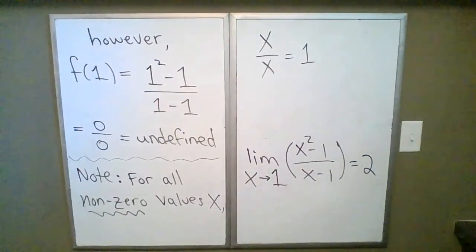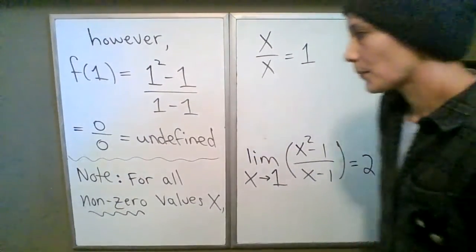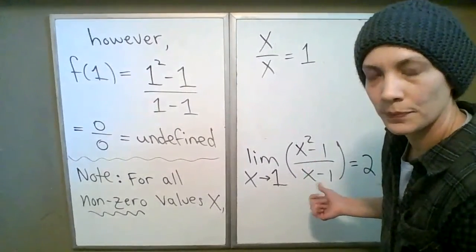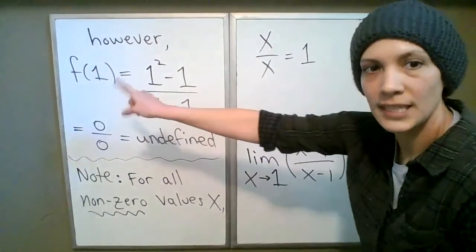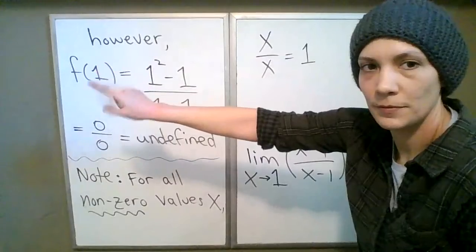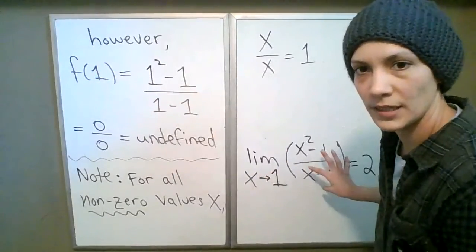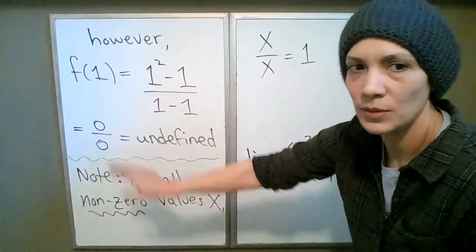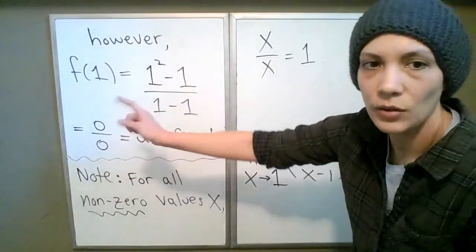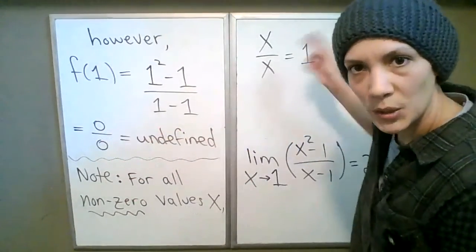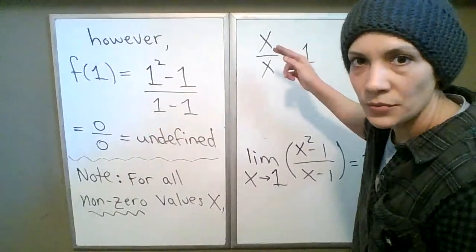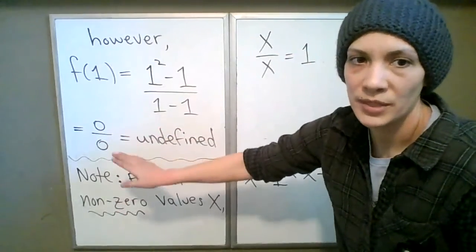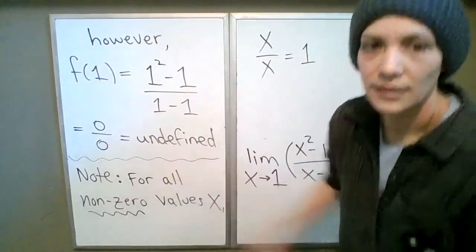Yeah, but we're still using the same equation, x squared minus 1 over x minus 1. For that function f, it's this function here. Okay. And I'm only saying this because sometimes people will see 0 over 0 and they think, oh, number over number equals 1. Like 2 over 2 is 1. Negative 4 over negative 4 is 1. But it's not true for 0. If you have a 0 over 0, it's undefined.